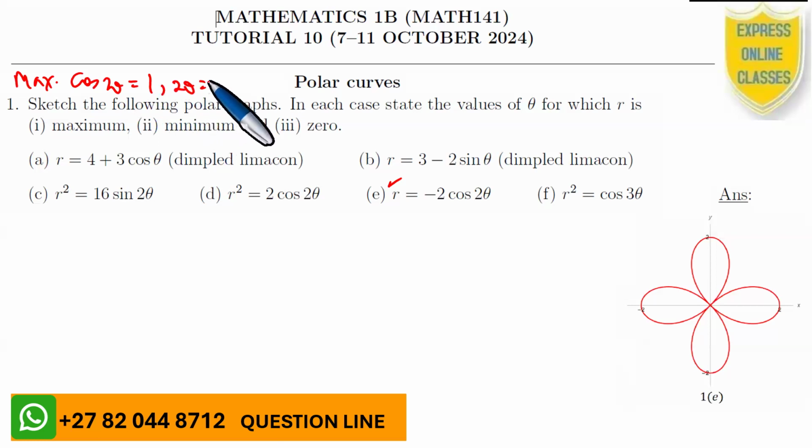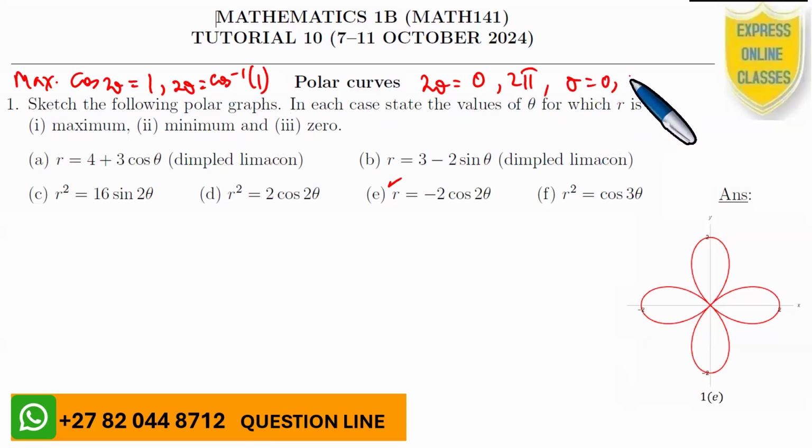That means 2 theta is arc cosine 1, which is 0 or 2 pi, which means theta is 0 or pi.